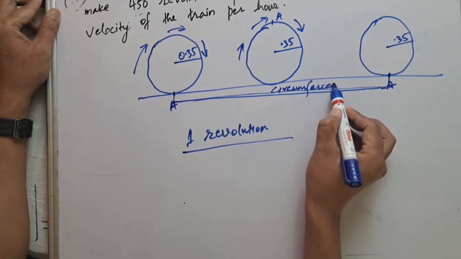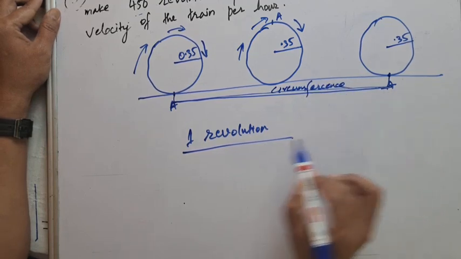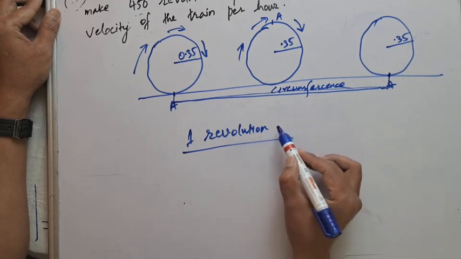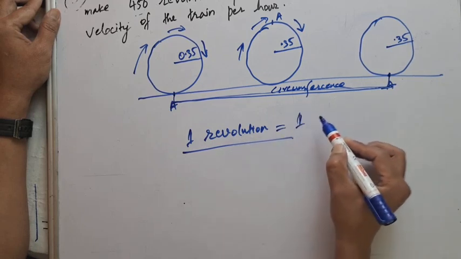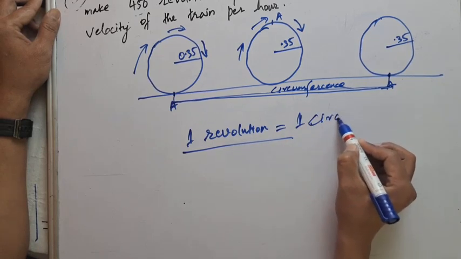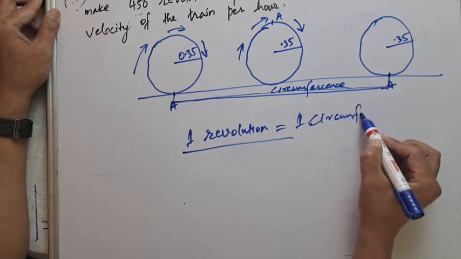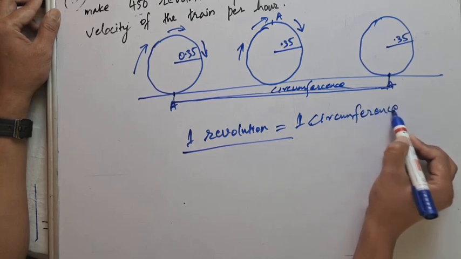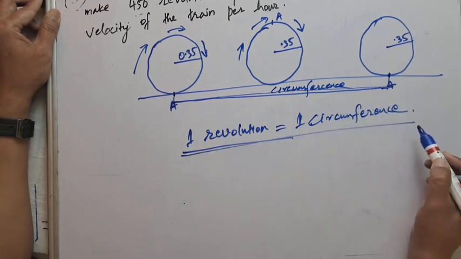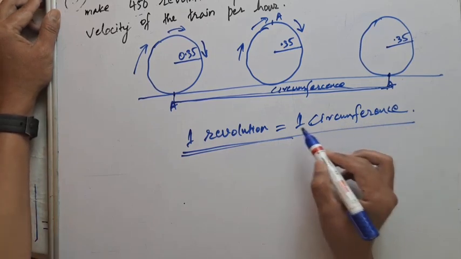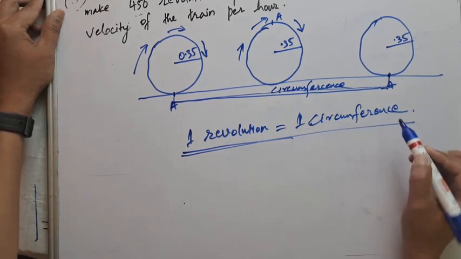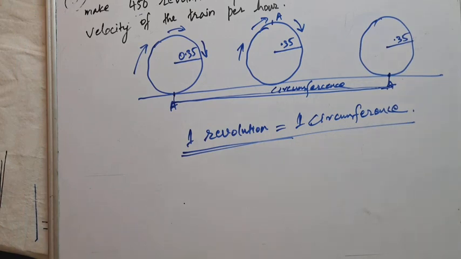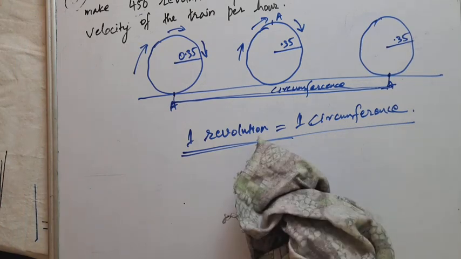One revolution means basically one circumference. We must keep this in mind. In one revolution, a circular wheel covers one circumference. I hope you got this. Now let us solve this question.